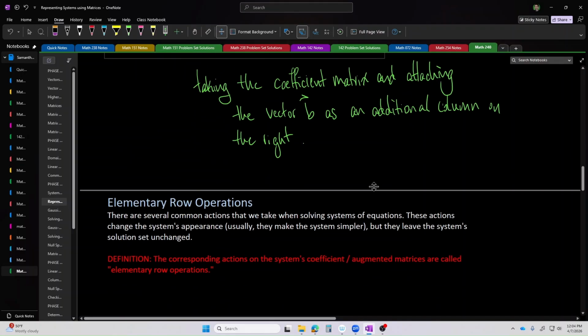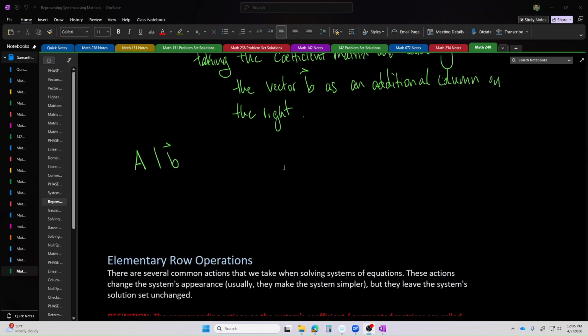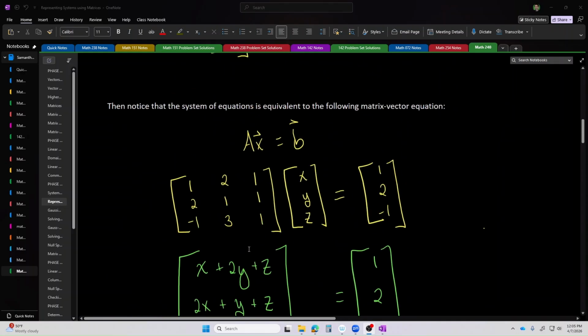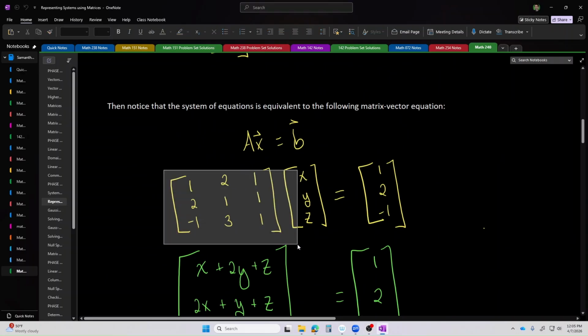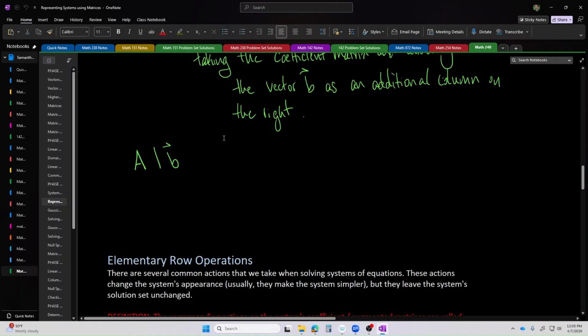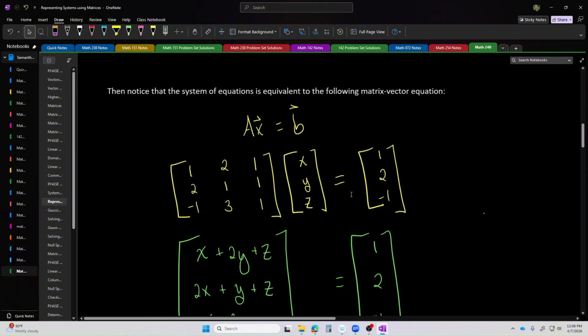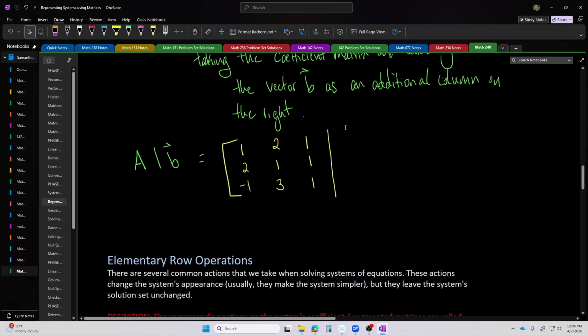In the case of the previous example, the augmented matrix is typically denoted as A and then a vertical bar with b next to it. And in the case of this example that we've been working with up to this point, the augmented matrix would be found by copy-pasting your coefficient matrix A, drawing in a vertical bar, and then just attaching the vector b to the right side of that coefficient matrix.